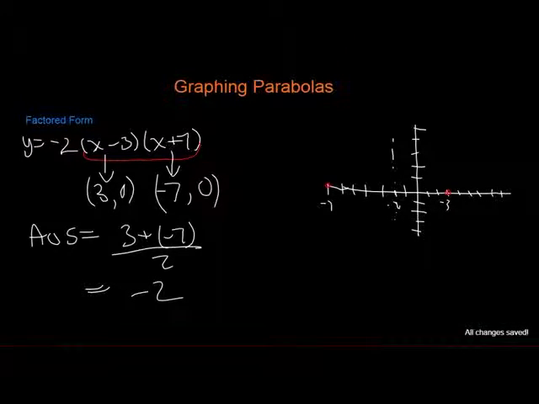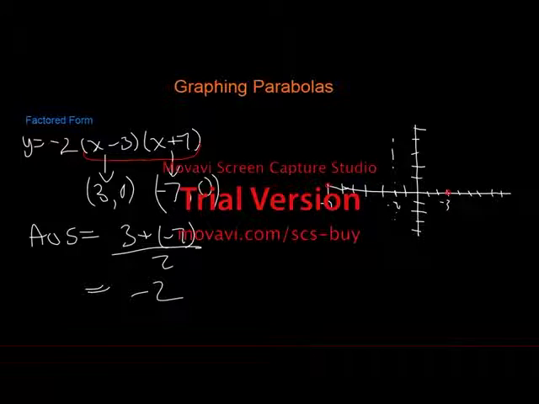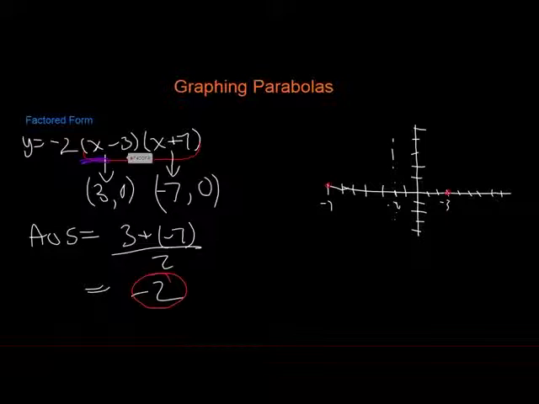So to find the vertex, all you have to do is substitute the -2 for the x value in the original equation right here. So both of these values.